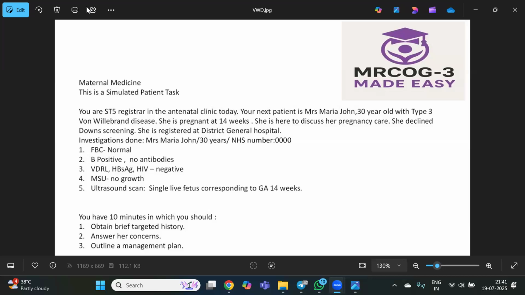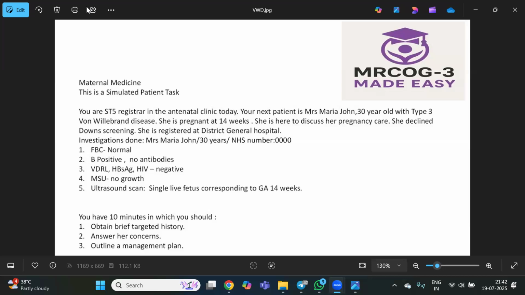Have you taken any treatment for this, like factor replacement, or any blood transfusion? Have you used tablets like tranexamic acid, or injections like desmopressin, or were you ever admitted to the hospital? These are the questions you have to ask.